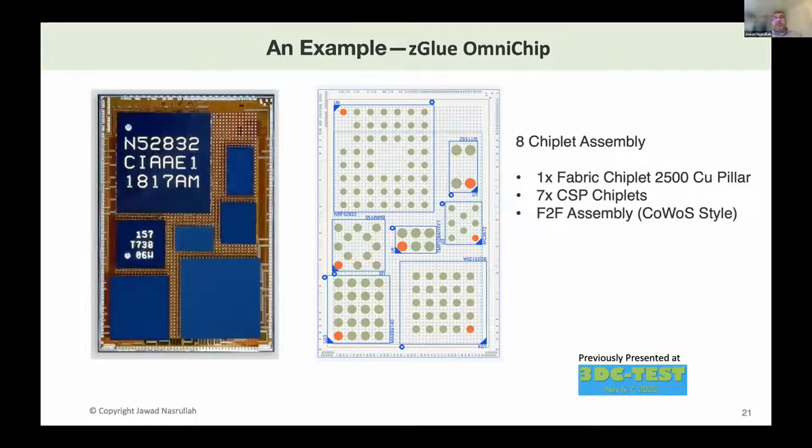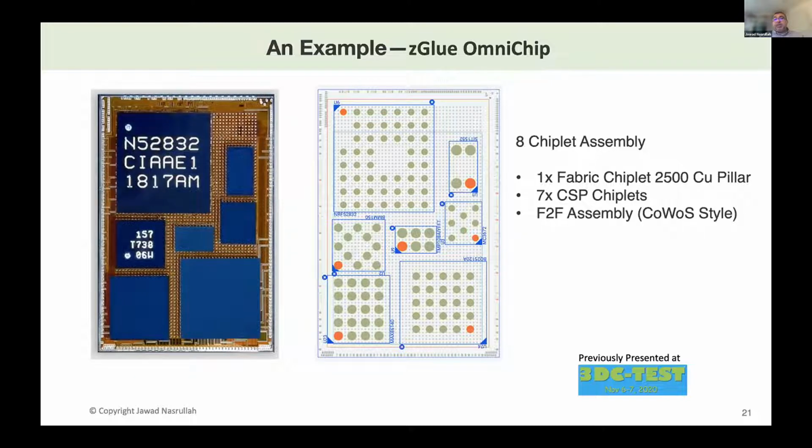So I'll go through this one example, which is the Z-glue chiplet system. And some of these slides I had presented a few months ago at a 3D test conference. So I'll take this example and dig into a few of these concepts.